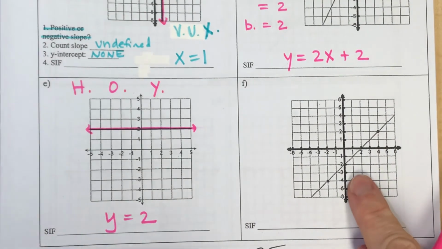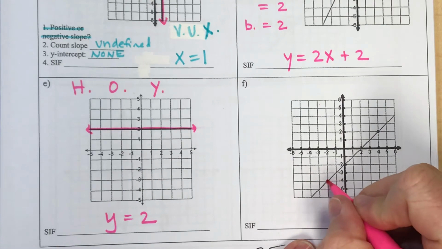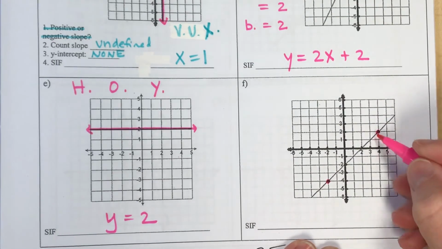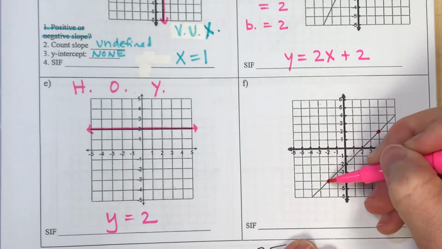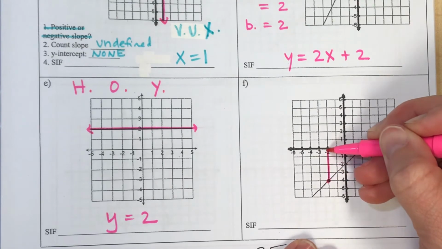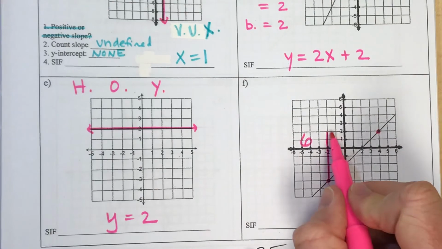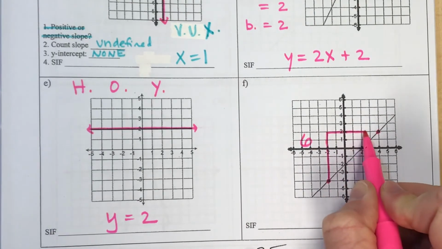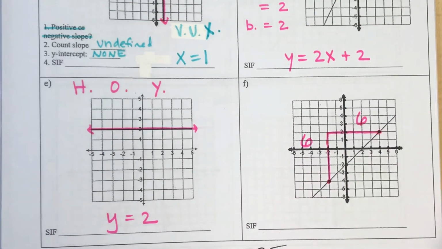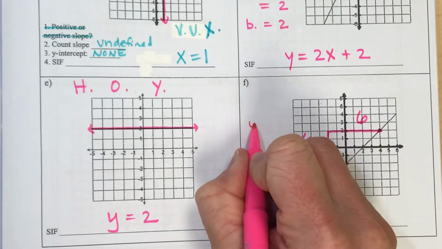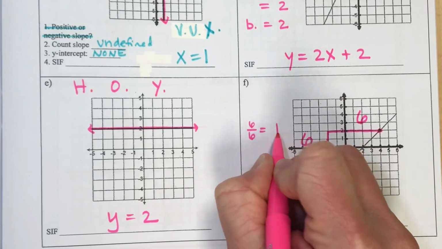And then I have one more function over here, from this point to this point here. I noticed that those were given. I'm going to count my slope. Go up 1, 2, 3, 4, 5, 6. So we went up 6 and over 1, 2, 3, 4, 5, 6. So if my slope was 6 over 6, that reduces to 1.